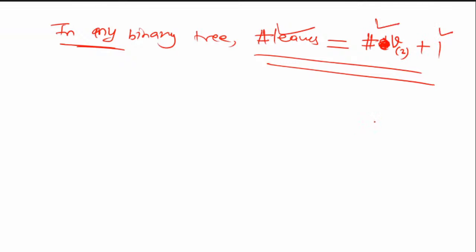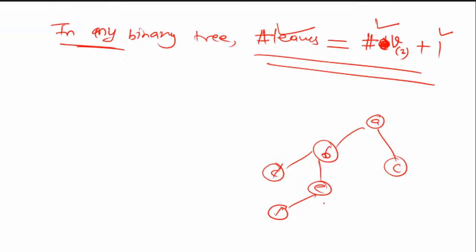Let's assume this is your graph, this is your tree. Let's assume A, B, C, D, E, F, G. This is a rooted binary tree, which means this is the root node and these are the children.